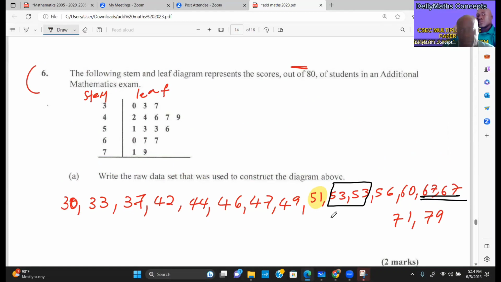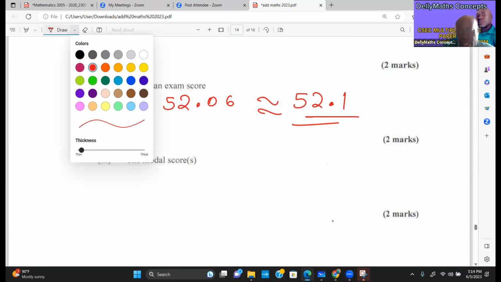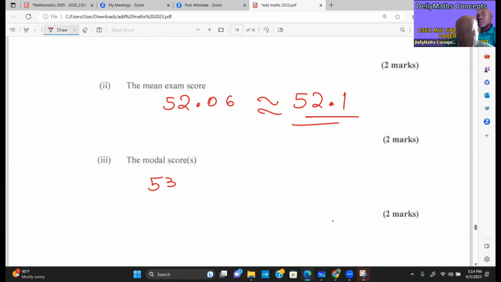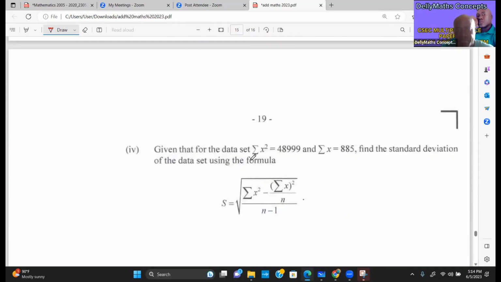So I actually have a bimodal situation where 53 as well as 67. There were 2 things that were equally occurring the same number of times, 53 and 67.